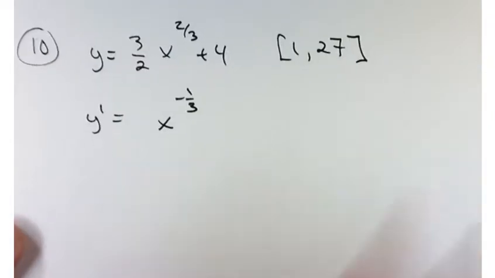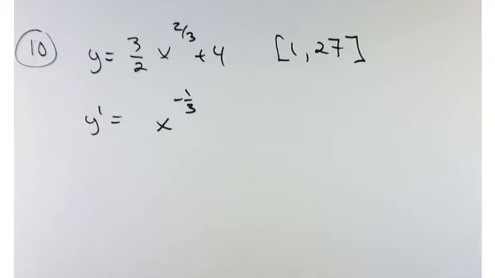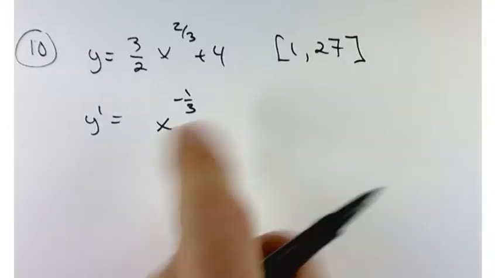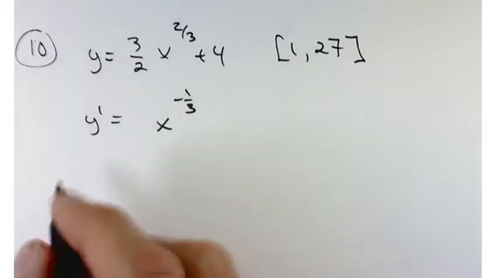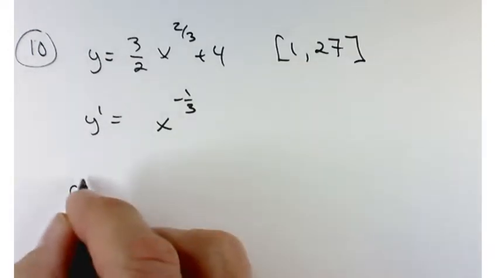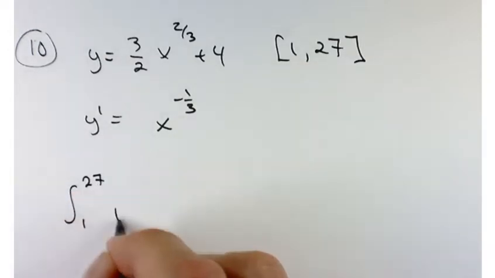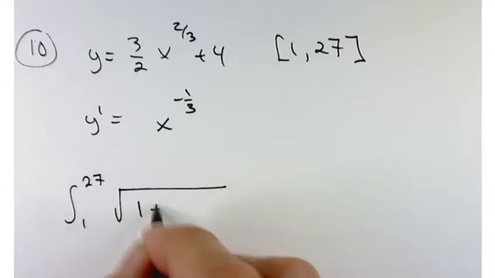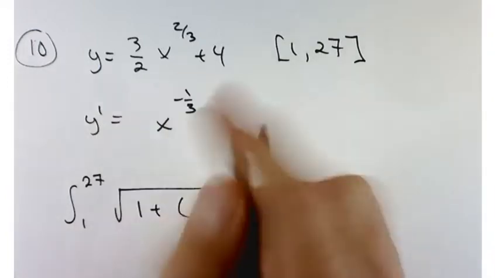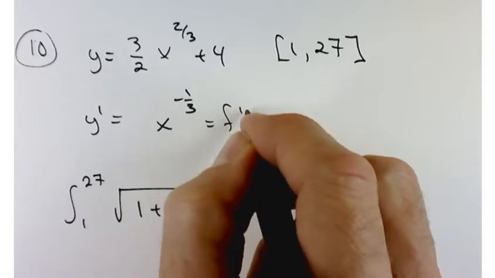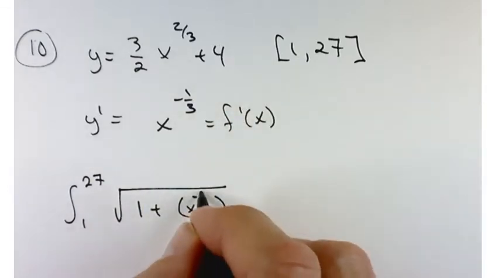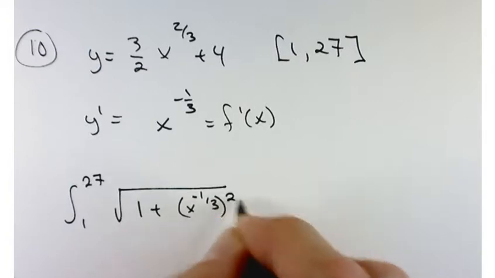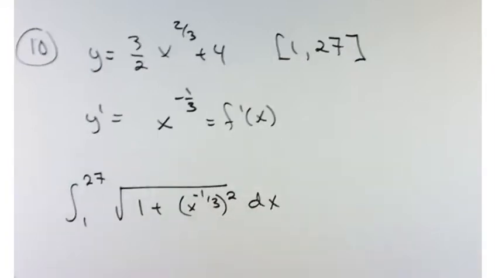Okay. So let's set up the integral to find the arc length of this curve over this interval. That'd be the integral from 1 to 27 of the square root of 1 plus f prime squared. Well, this is my f prime of x, so I want x to the negative 1/3 squared, dx.